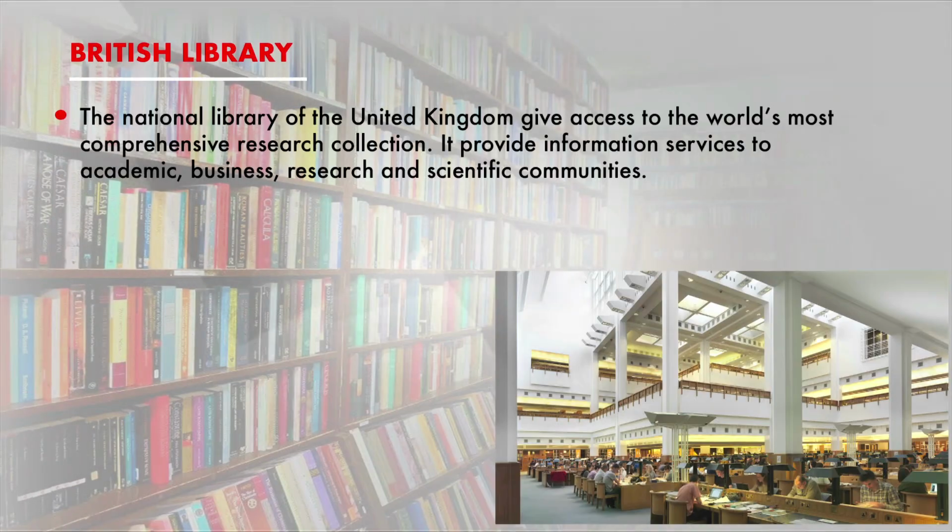Then comes the second example, the British Library. It is the National Library of the United Kingdom. It gives access to the world's most comprehensive research collection. It provides information services to academic, business, research and scientific communities.